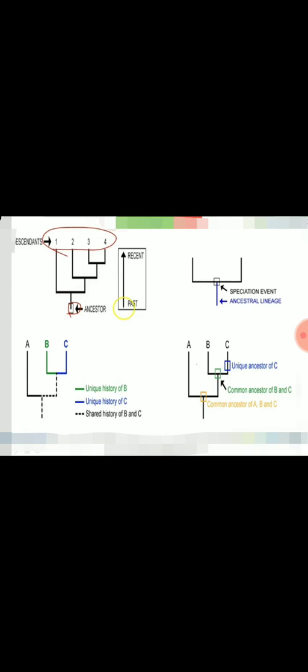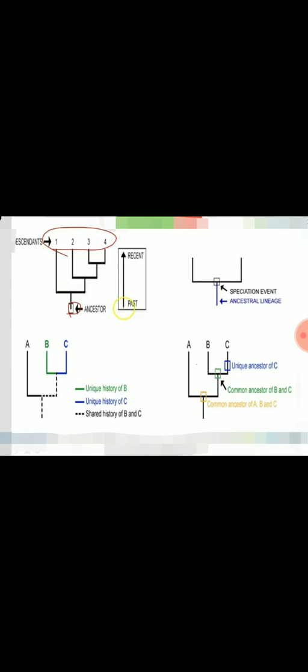Nodes: a node is a point at which the branches are connected, or the tip of the branches. Both are called nodes, meaning there are two types: internal node and external node. A point at which the branches are connected is known as the internal node, and the tip of the branches is known as the external node.